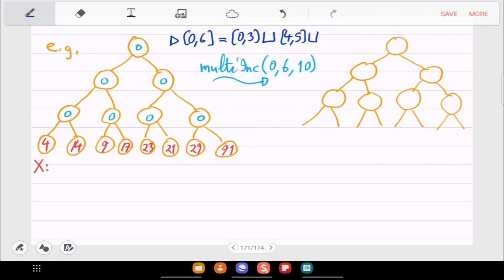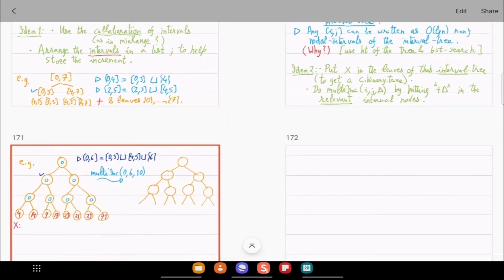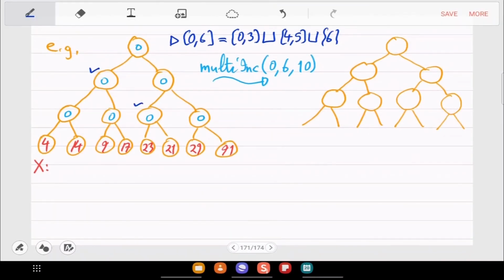Which translates to what locations in this picture? So 0 to 3 is here. Where is 4 to 5? That was this one, and 6 is this one.